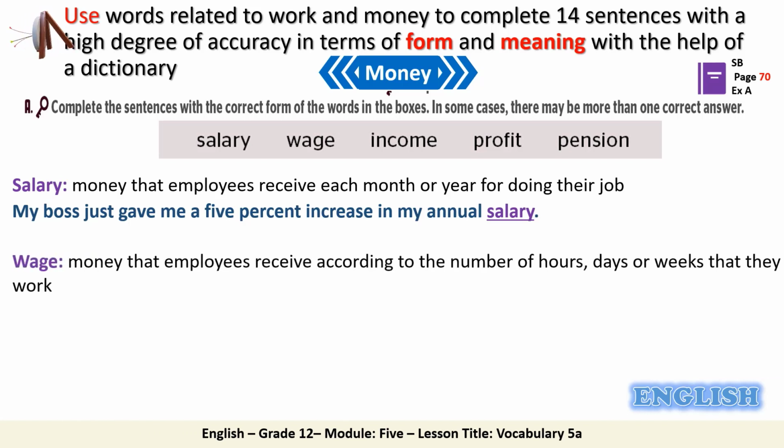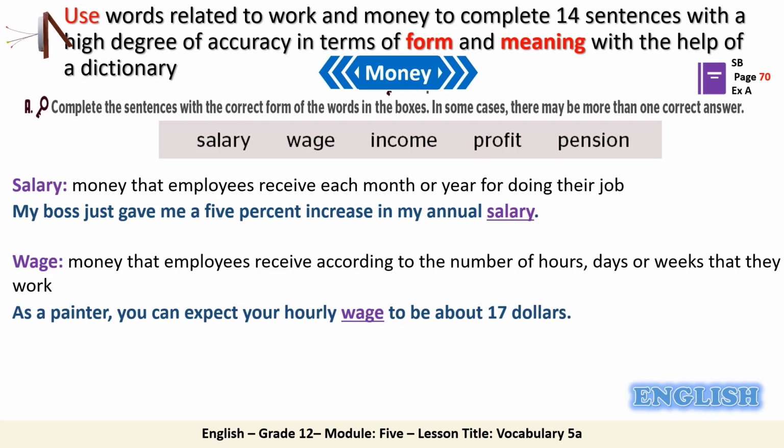Then, wage is the money that employees receive according to the number of hours, days, or weeks that they work. For example, as a painter, you can expect your hourly wage to be about $70.